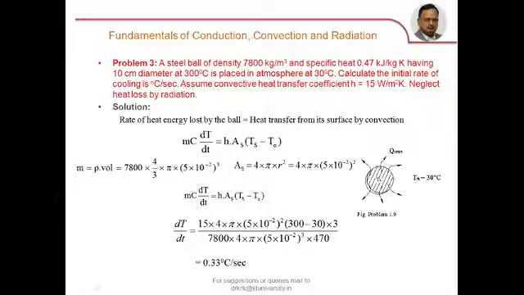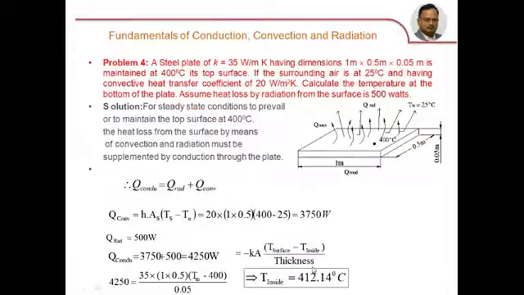As time progresses, Ts varies, therefore the rate of change in temperature with respect to time also changes. So this value 0.33 degrees centigrade per second is valid only in the initial condition, when the body temperature is at 300 degrees. What is the rate of cooling? That is around 0.33 degrees per second.